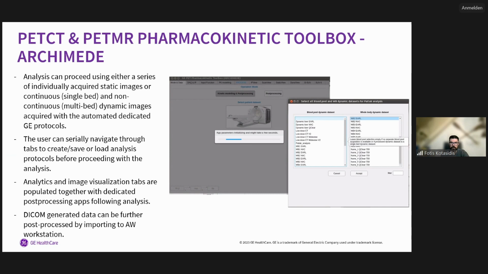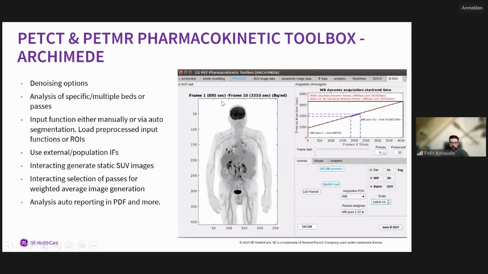There are a number of options for the different researchers to investigate. You can analyze separate static images or full body dynamic images, and you can navigate into the different tabs on the application. You can tune your different parameters. You have different options for denoising.